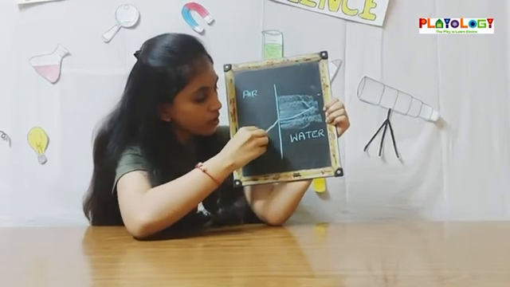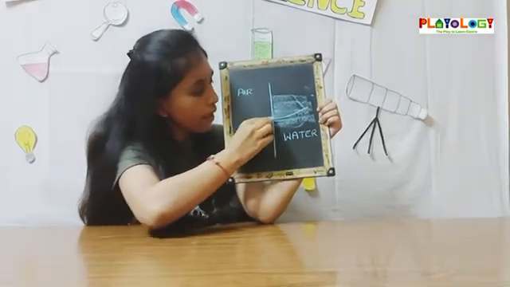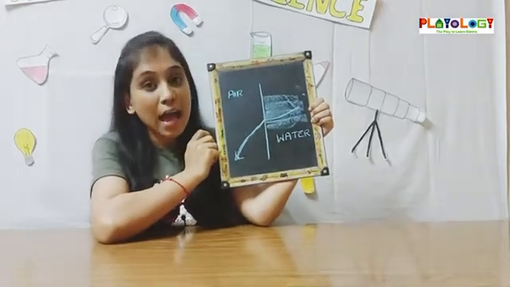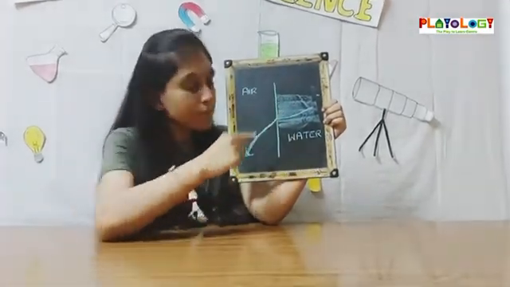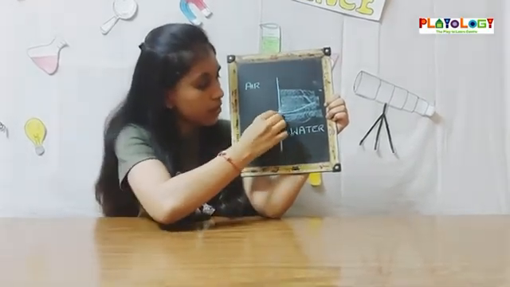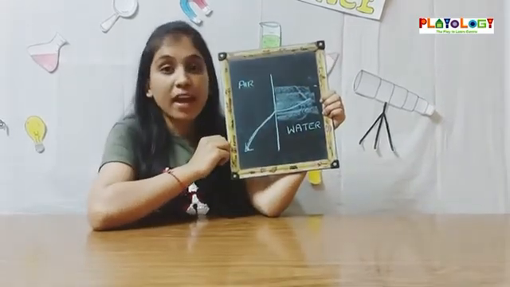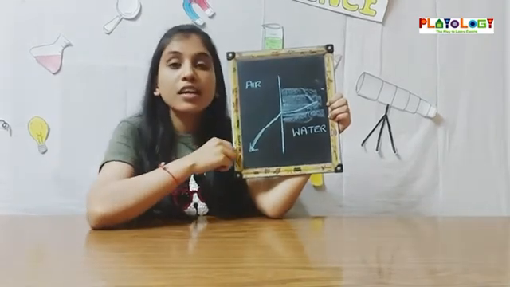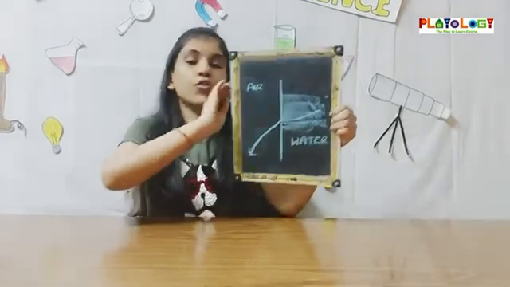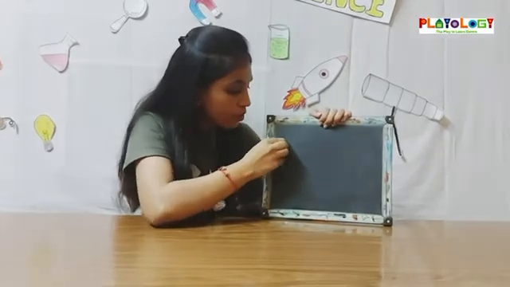Otherwise it should just pass straight like this, but this doesn't happen. When there are two mediums, the light bends. When it passes here, it bends and changes its track. And this is called refraction of light.